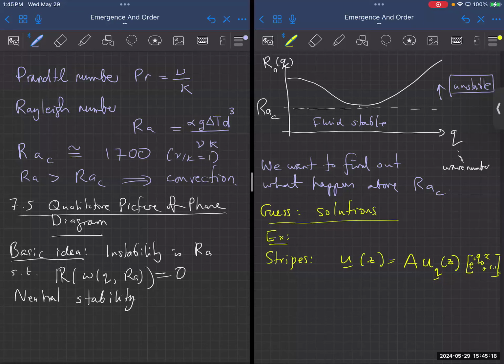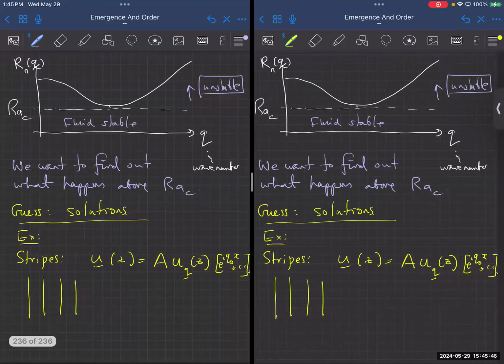It would look something like this. Fluid is going up and down. The velocity field has some z dependence, determined by this function on the outside, and then in the xy plane, it's just a sine wave in the x direction, but nothing in the y direction. So that would be one possible solution.